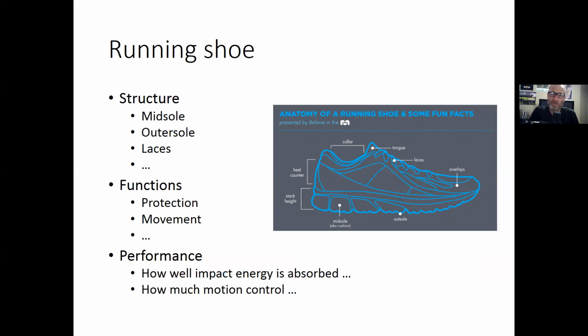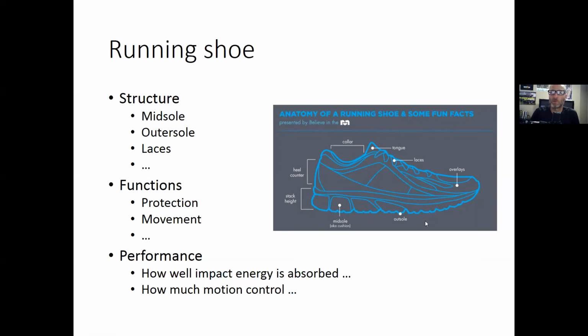And we can often measure those during running and other things as well. And maybe it's performance related to how fast a person is allowed to run, or how running economy may be influenced by a shoe, things such as that. So performance is how well a shoe functions. The functions are what the shoe is built to do, and the structures are all the different parts of a shoe. All right, so again, it's sort of a mechanical example there.